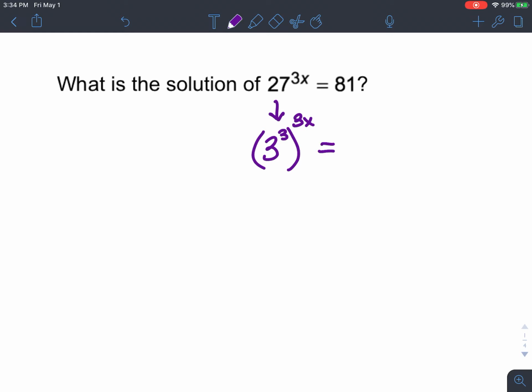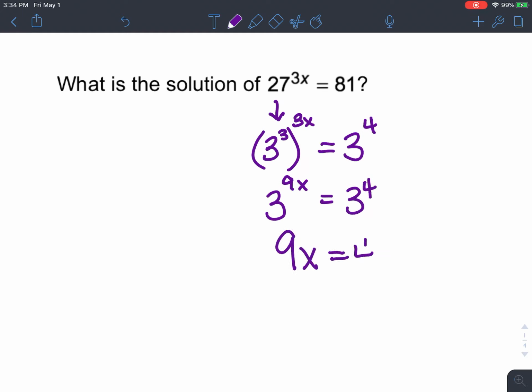We can change 81 into 3 to the fourth. Now on the left, that'll be 3 to the 9x equals 3 to the 4. So 9x equals 4, so x equals 4/9.